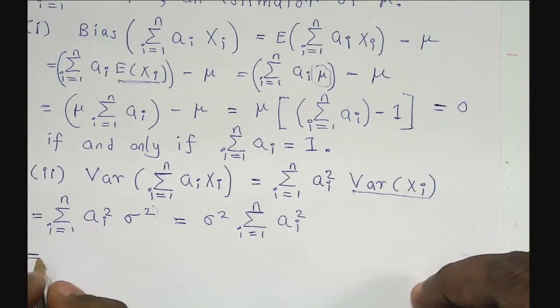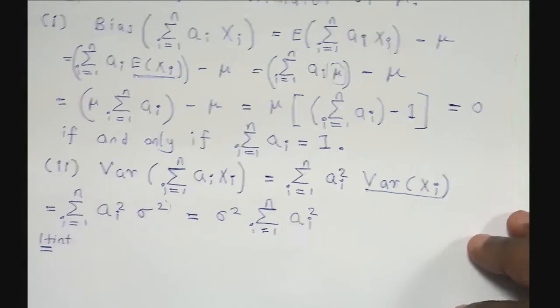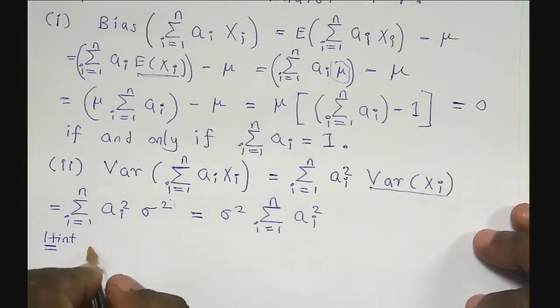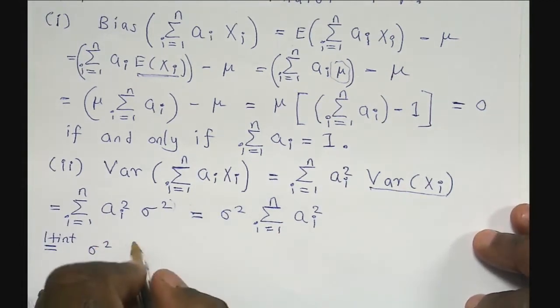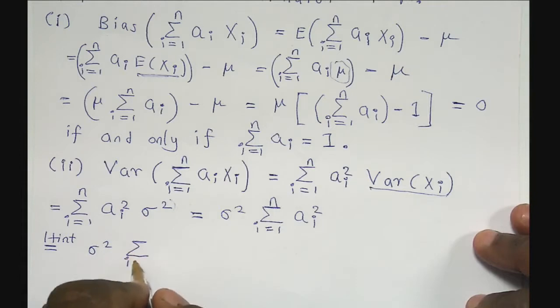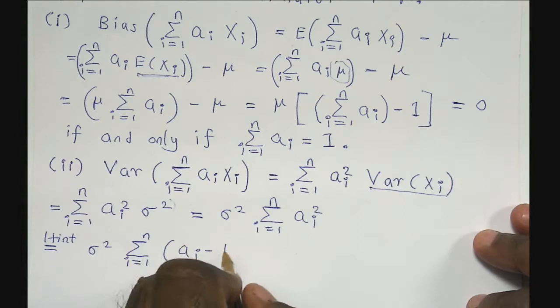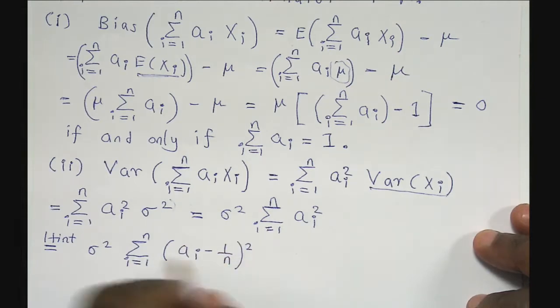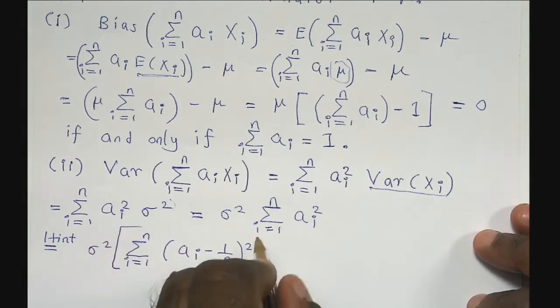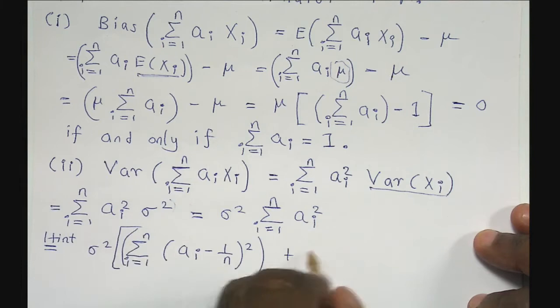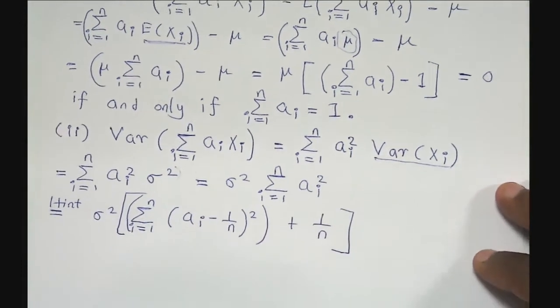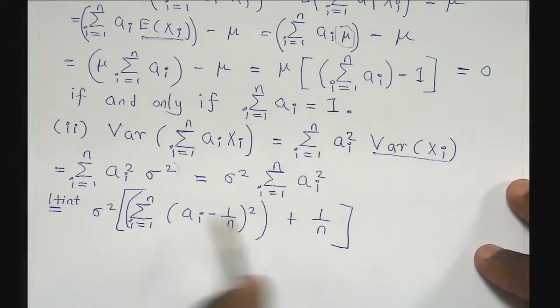I'm going to use the hint to say that we can write this as, with the 1 over n outside the summation. So you can write this by the hint. This can be written like this.